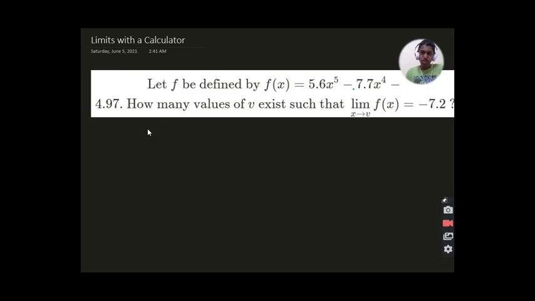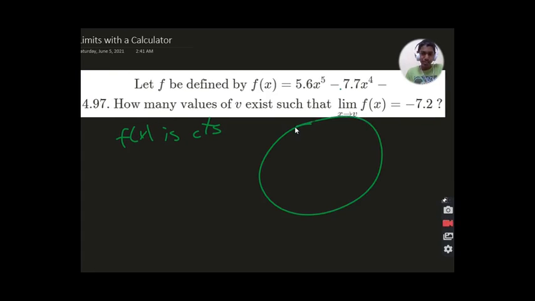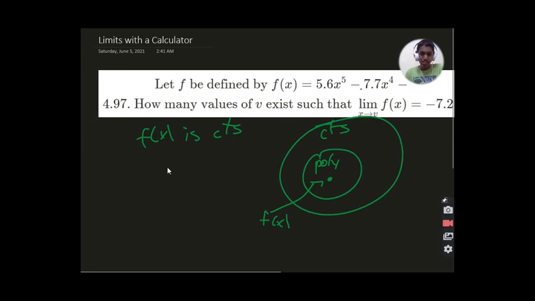Why is this important? This means that f of x is continuous because all polynomials are continuous. If you want a little diagram, here's continuous functions, and then here are polynomials, and this is f. So all polynomials are continuous.